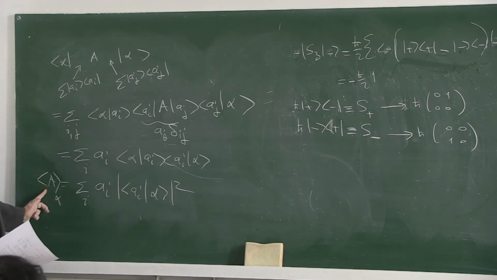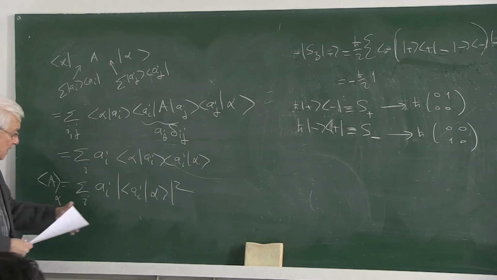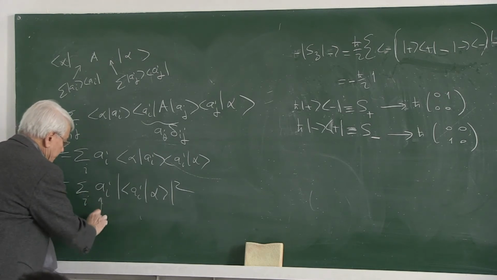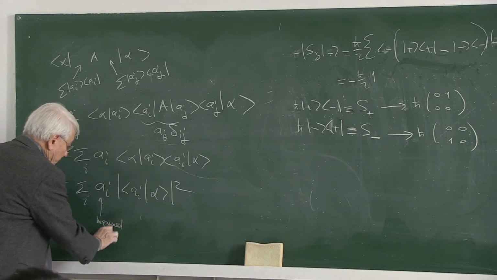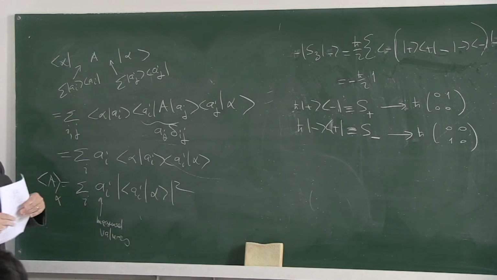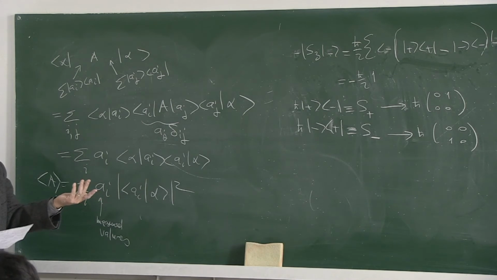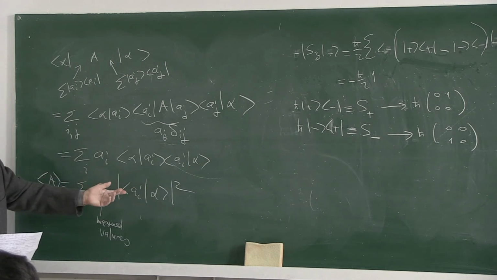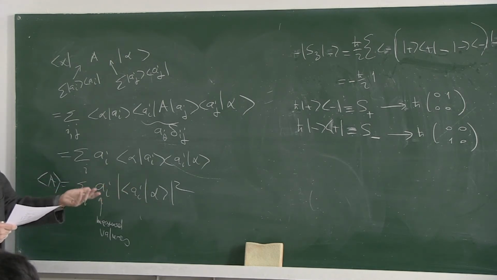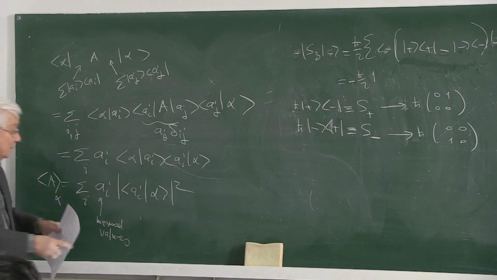The expectation value of the A operator in the state alpha is the sum of measured values times the probability of obtaining AI. For instance, for a spin 1/2 system, there are two possible measured values, right? H bar over 2 and minus H bar over 2.